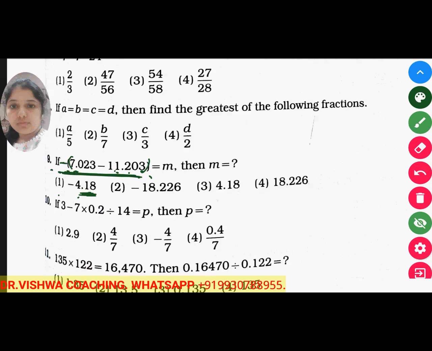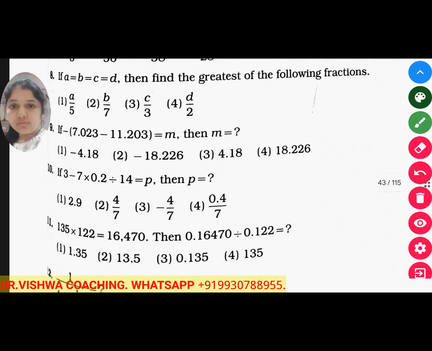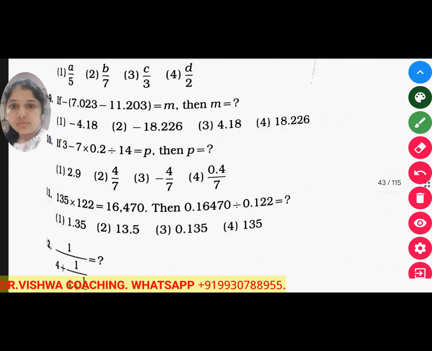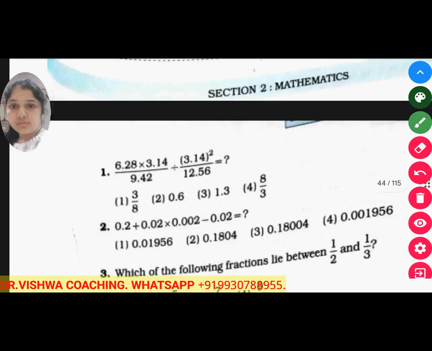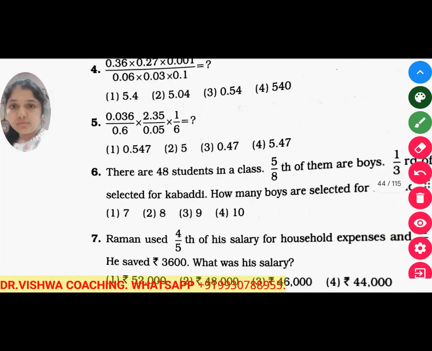Now here is a twist, it becomes plus because minus 11 is a greater number. We got the answer in minus, but out of the bracket there is a minus sign, so minus minus becomes plus. So 4.18 is your answer. Okay. Now you can find the value for p also by solving this sum. Very easy it is. Now we'll move to the second exercise of it.